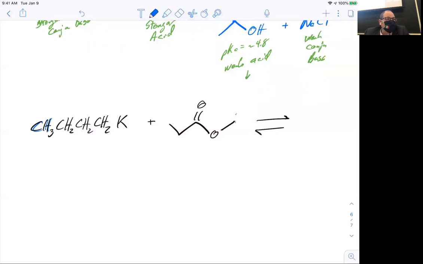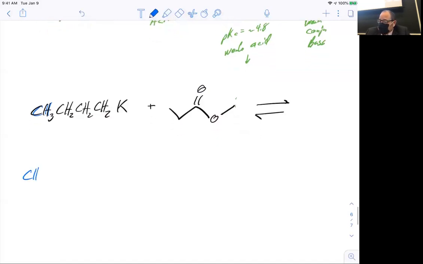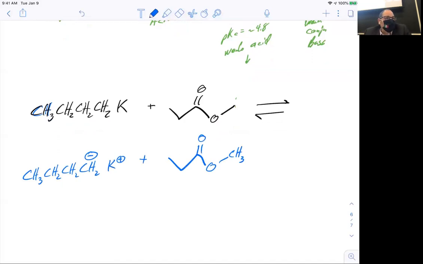Okay, this one you're going to think a little bit about where your acidic proton is. So if we look at breaking that down, let's go ahead again.